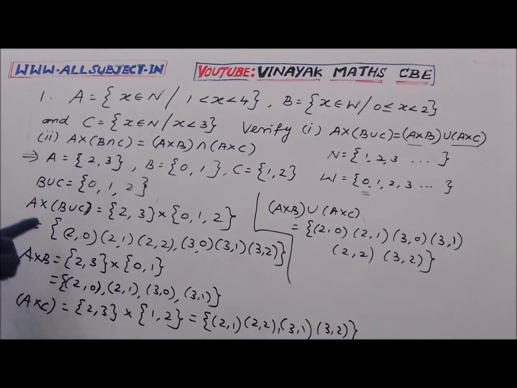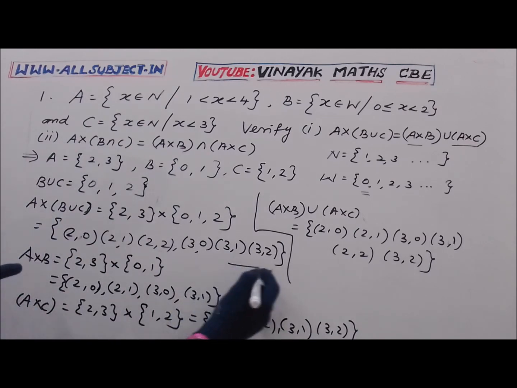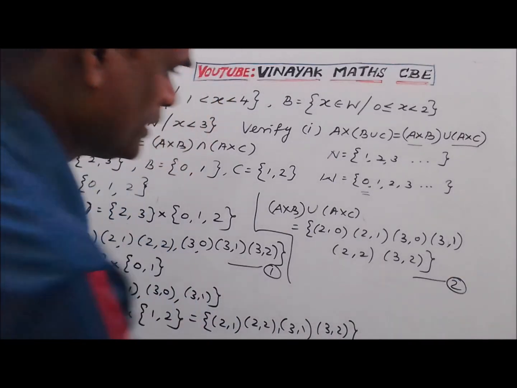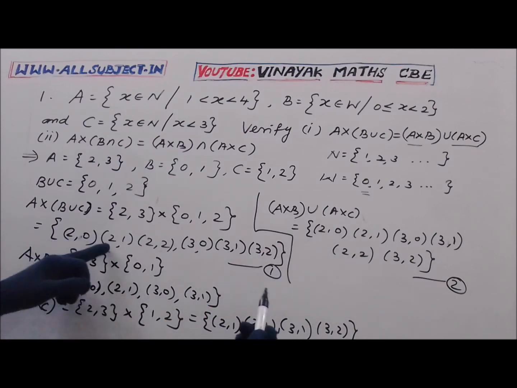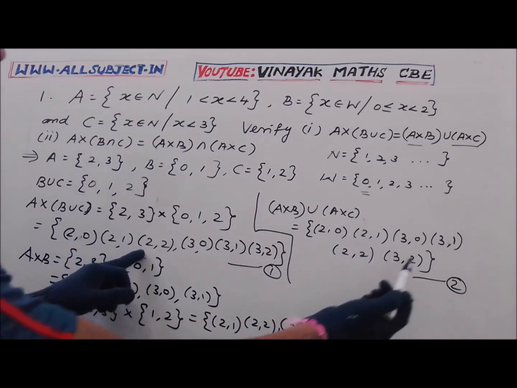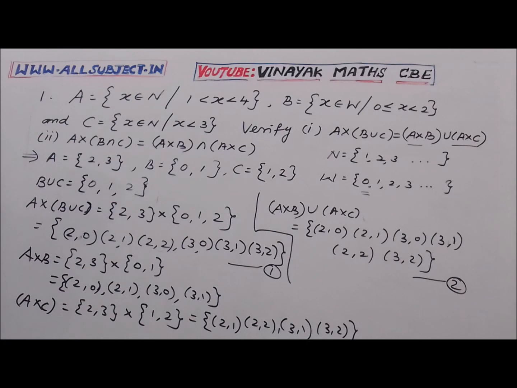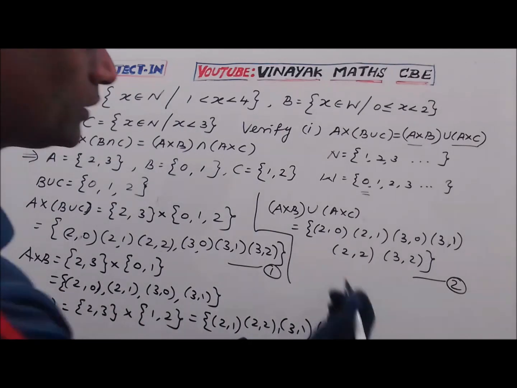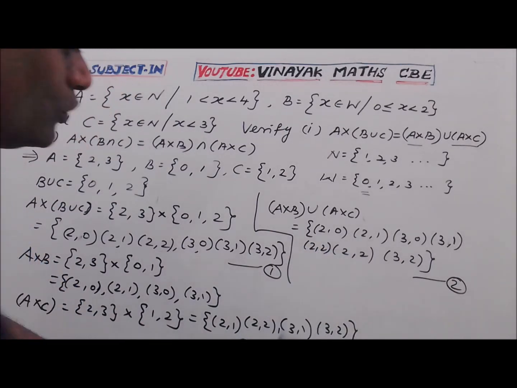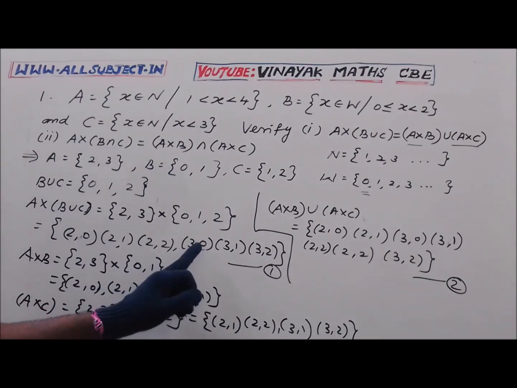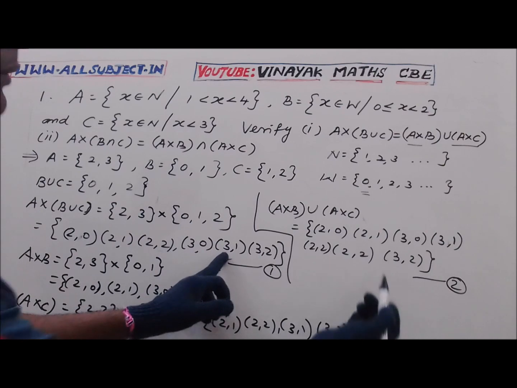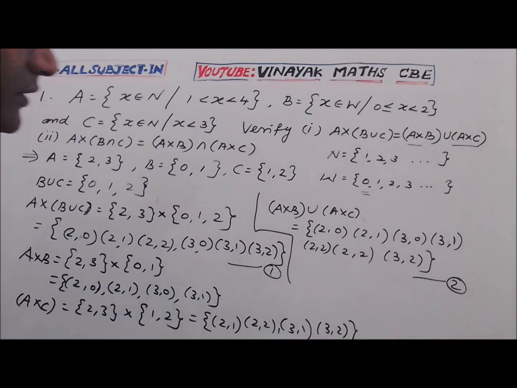Now look at the answer of A cross B union C. Let it be equation 1, and let the other one be equation 2 here. Then both have equal elements. Here (2,0), (2,0), (2,1), (2,1), and (2,2) we have left out here, so I am writing here (2,2), and then (3,0) we have, (3,1) present here, (3,2) present.